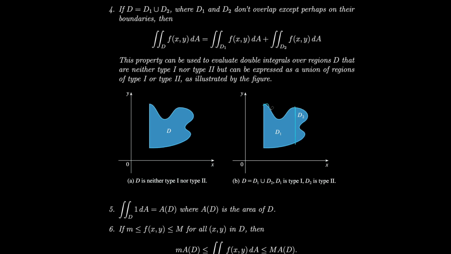So in this case, you've got a type 1 region over here because you've got y equals functions of x. So you go from bottom to top, but then over here you would go from left to right because this looks like an x equals function of y on the right. So you can just cut up your integral into two double integrals and then integrate away happily.